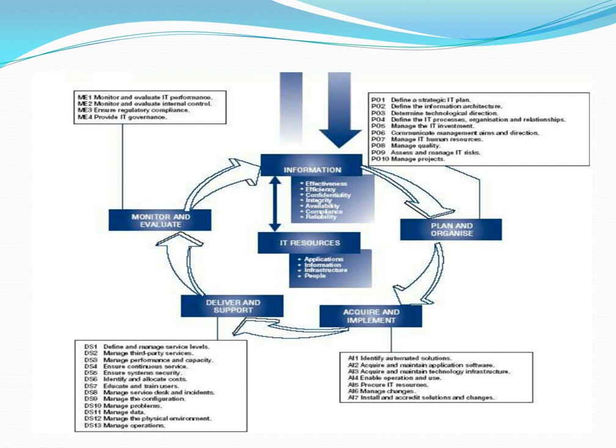You see effectiveness, efficiency, confidentiality, integrity, availability, compliance, and reliability. These are things you want to protect by the implementation, the controls that you want to realize, the benefit that you want to realize by the implementation of IT governance.